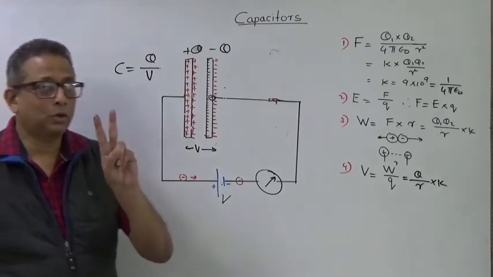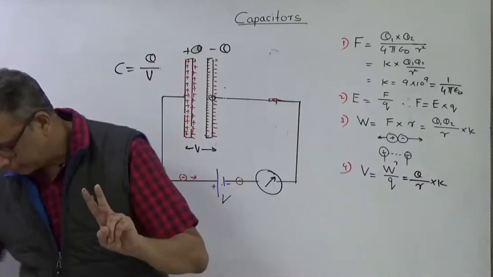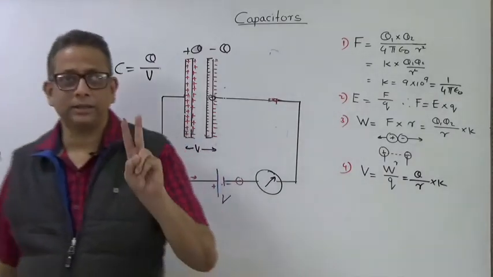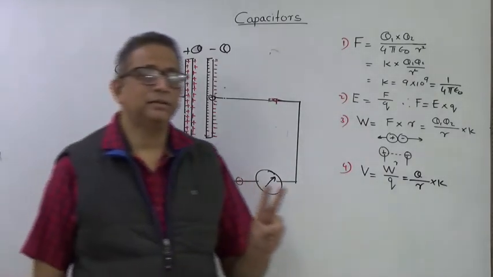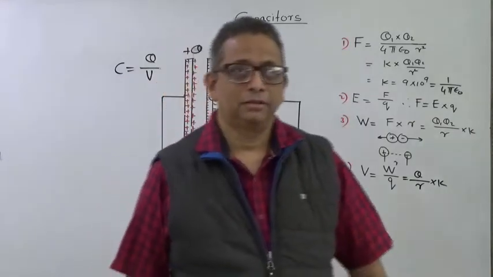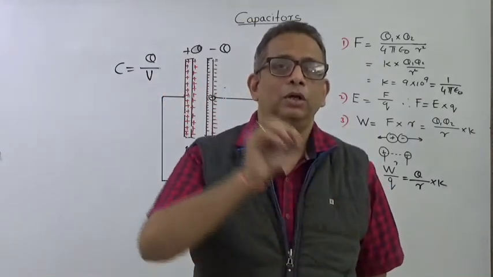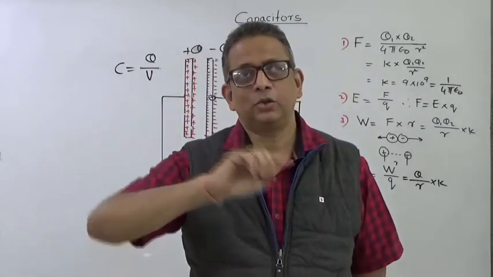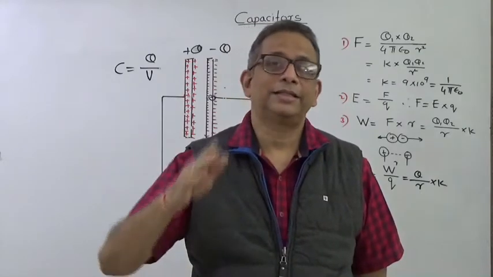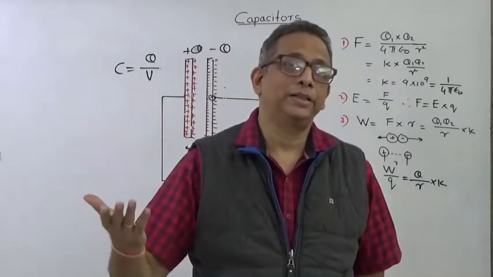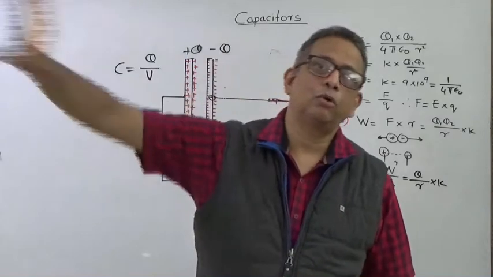So a capacitor has got two phases. One phase is a charging phase, that is from time t equal to 0 to a certain time t it takes to charge a capacitor. The second phase is a charged capacitor. It remains charged throughout its life.